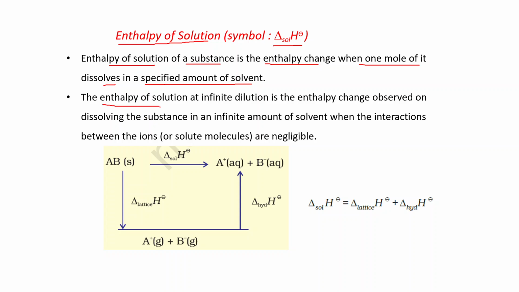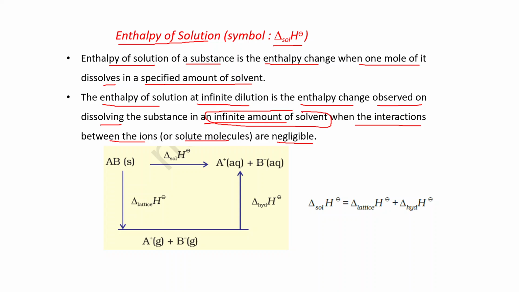The enthalpy of solution at infinite dilution is the enthalpy change observed on dissolving the substance in an infinite amount of solvent when the interactions between the ions or solute molecules are negligible. Actually, what is the meaning of this infinite amount of solvent?